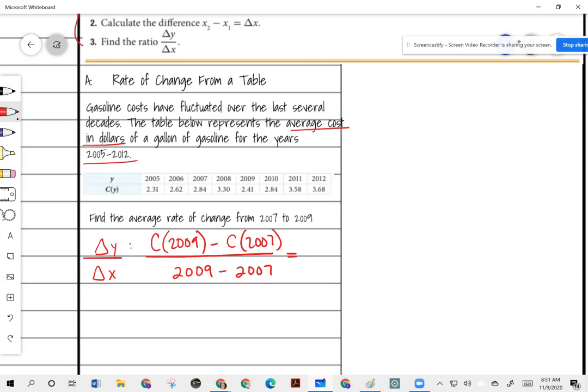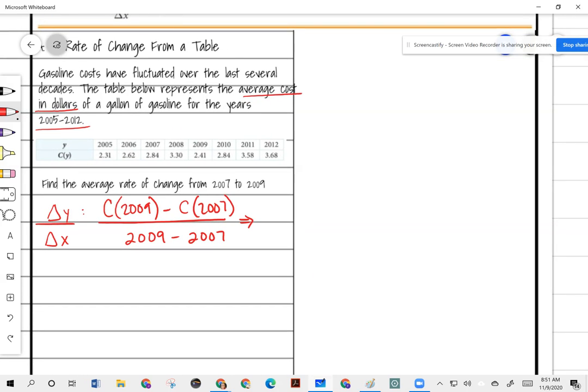So when we look at this, the input of 2009, the output is 2.41, so $2.41 minus $2.84. And we are dividing that by 2009 minus 2007. So of course that's going to be years. So 2 years, right? And these are dollars.